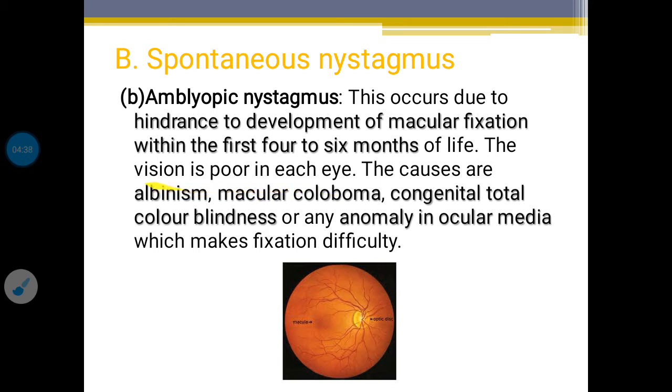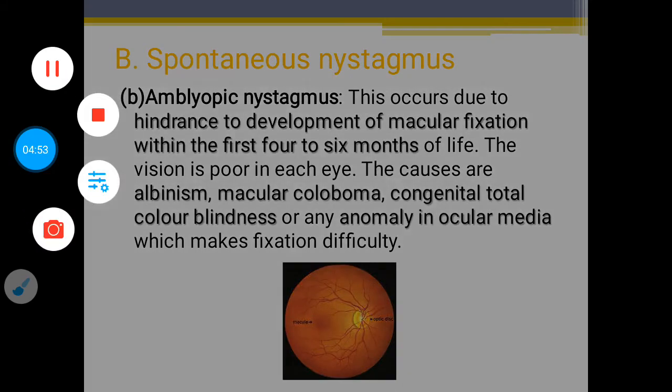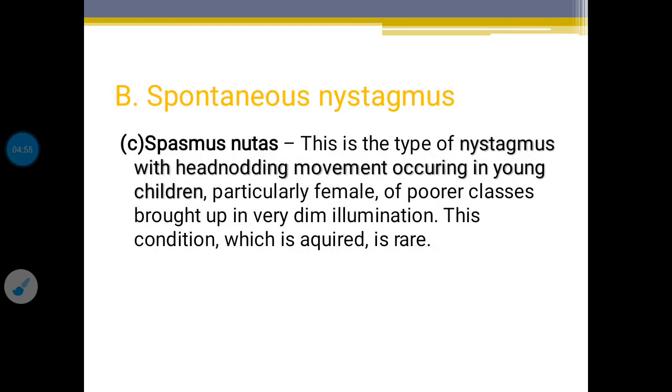The vision is poor in each eye. The causes are albinism, macular coloboma, congenital total color blindness, or any anomaly in the ocular media which makes fixation difficult.